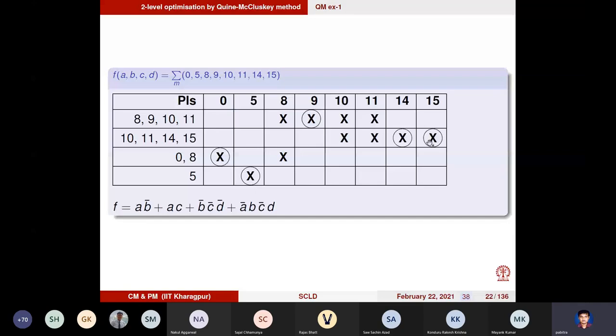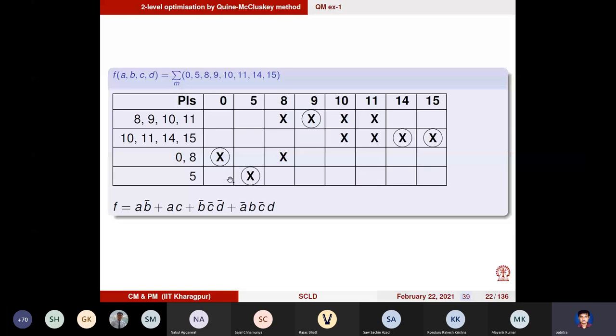So let's see what prime implicants cover them. 0 is covered only by this prime implicant 08. Nobody else covers 0, only 08 covers 0. And I need to cover all the min terms, every column.